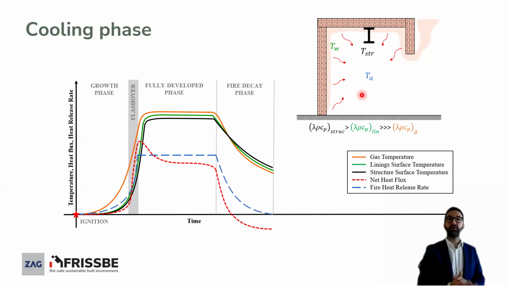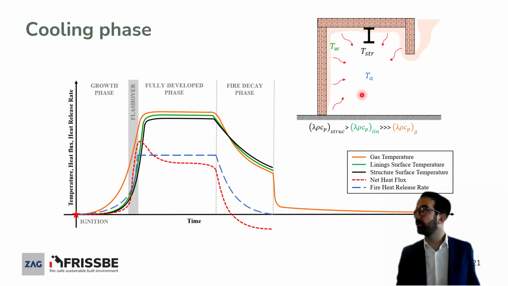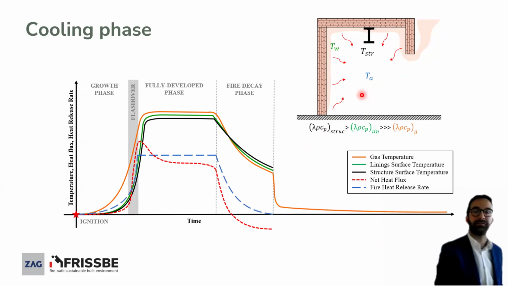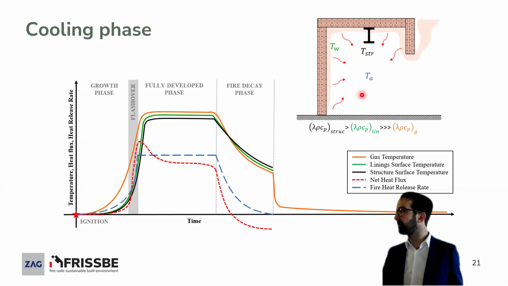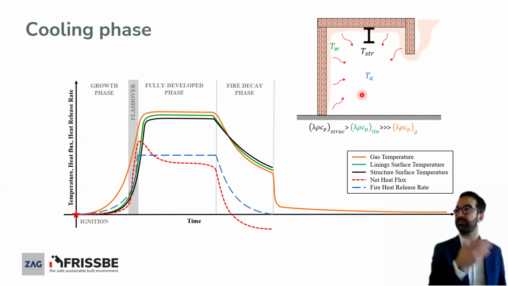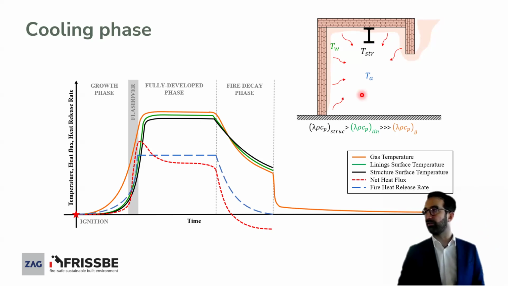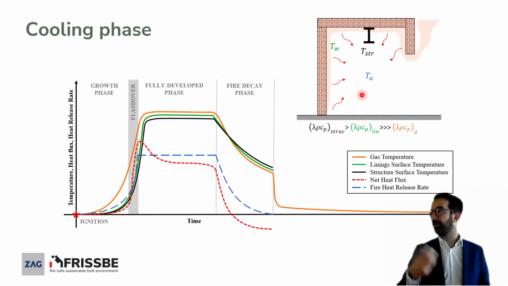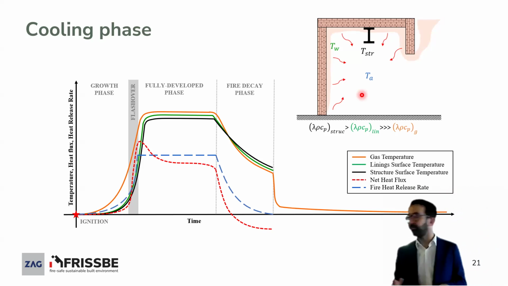What happens during the cooling phase is that, since you have no more fire, no more heat release rate coming from the fire itself, we can expect, if the compartment is small enough and the opening is big enough, the gases quickly go to ambient conditions because the mixing at the compartment opening is quite big.